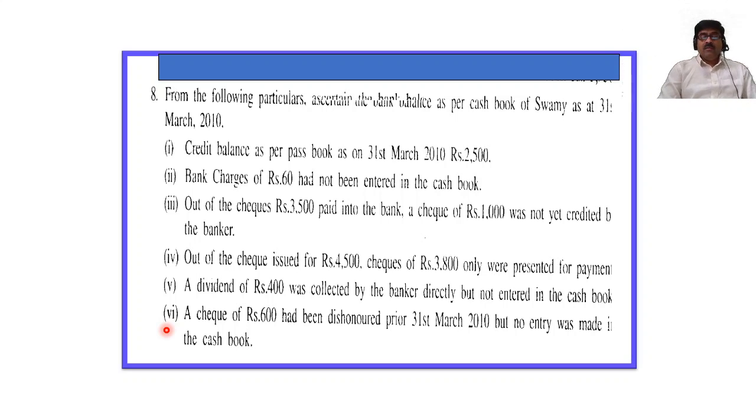So here, a dishonored check means there is no change in the balance of the passbook, but the check was debited in the cash book, so there is an increase in the balance of the cash book.